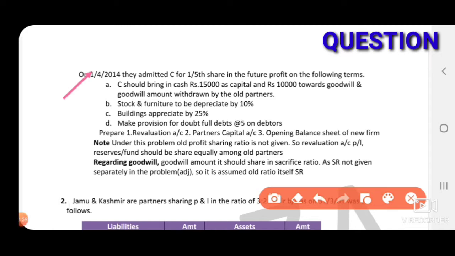On 1/4/2014, they admitted C for 1/5 share in the future profit. So this 1/5 share we won't consider and we won't use these ratios because this belongs to the new partner, so that will be used in the future, not here.